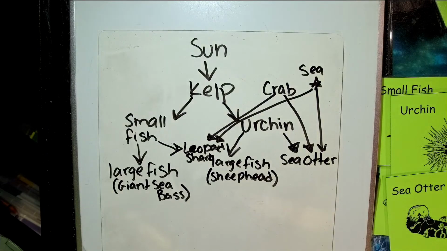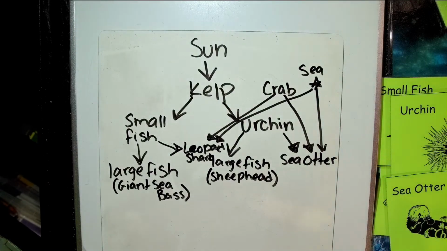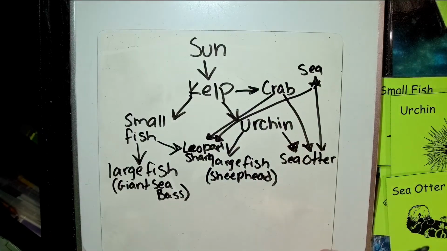Now, where did the crab and the sea star get their energy from? So we might want to think that they are eating the kelp, and crabs can definitely eat kelp, but they are also going to be eating meat. Meat? What kind of meat?